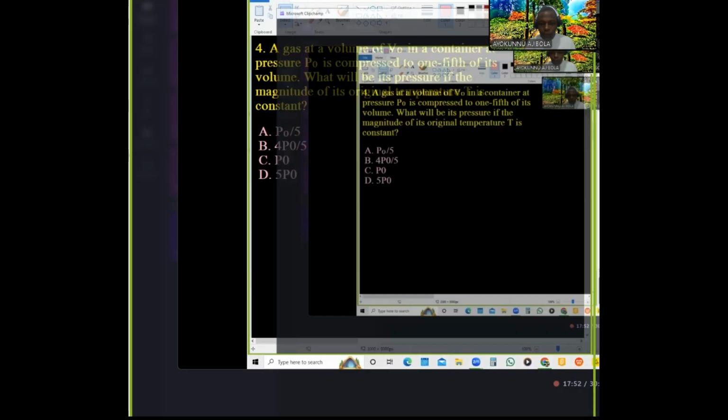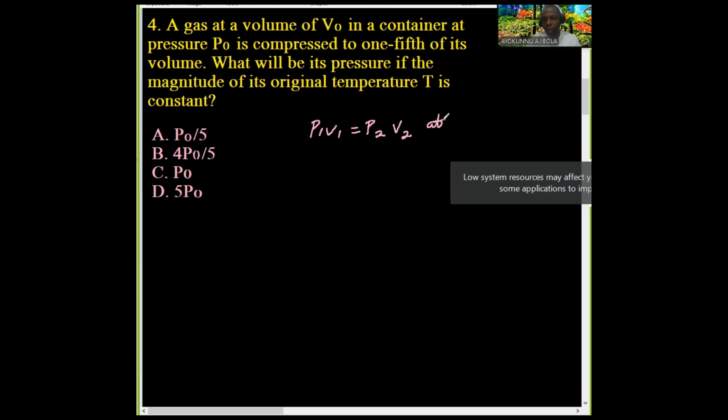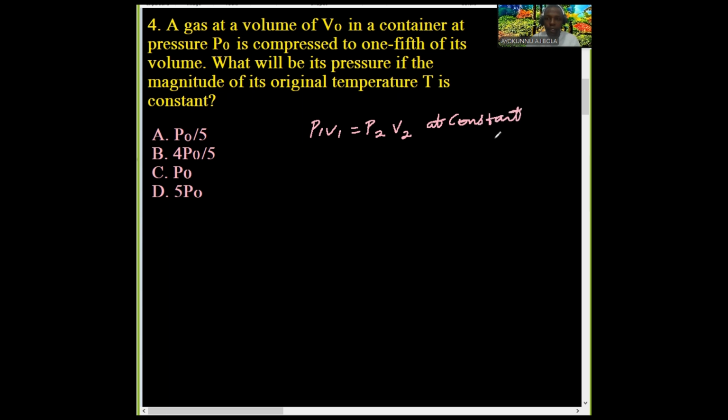So we'll say, according to Boyle's law, P1 V1 equals P2 V2 at constant temperature. That's pressure 1, volume 1, pressure 2, volume 2.